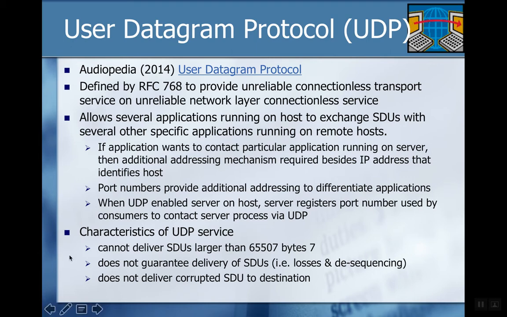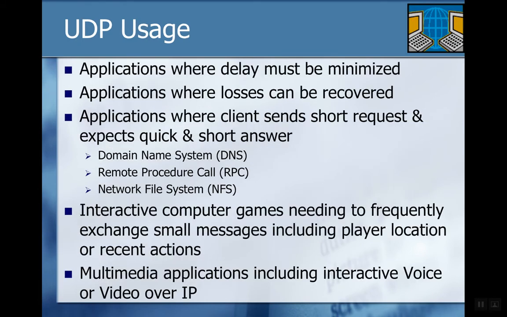Just some of the information about UDP service: no guarantee of delivery. Things like out-of-sequence delivery and losses are not necessarily reported. So you use UDP where you want to be fast, and where losses are not as impactful or can be recovered.